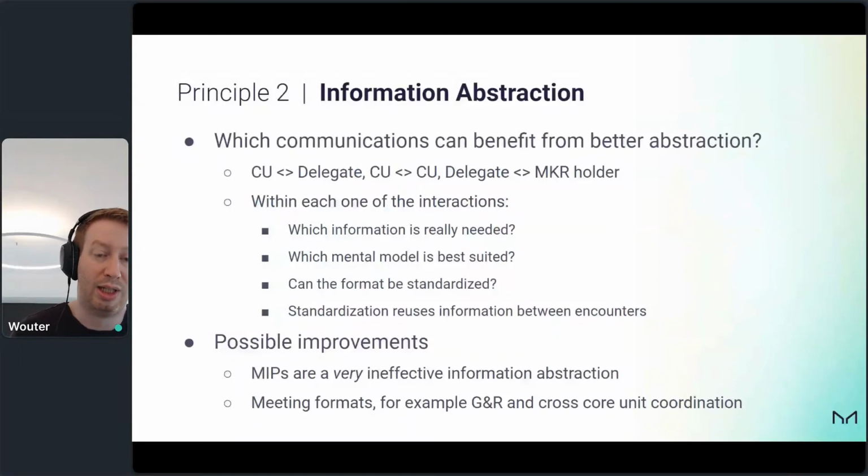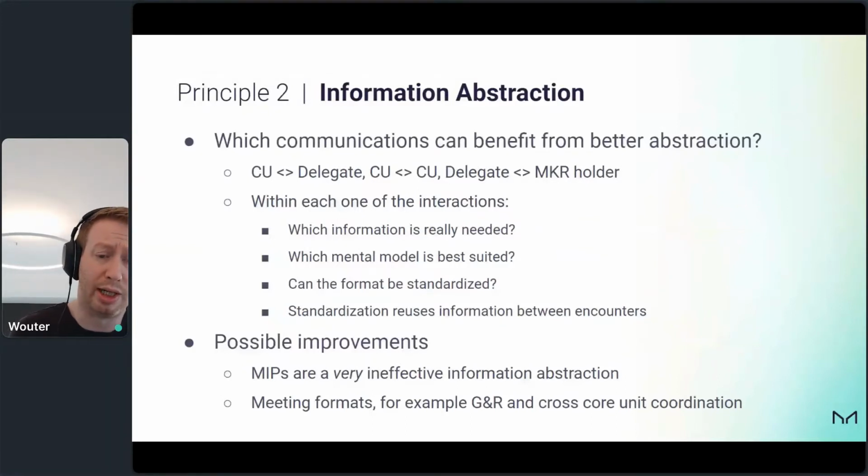And so if these meetings have multiple purposes, then we can't really find the right abstraction of the information to communicate as effectively as possible. So we need to standardize our formats, and we need to find the right mental models that are needed to communicate with the right stakeholders.